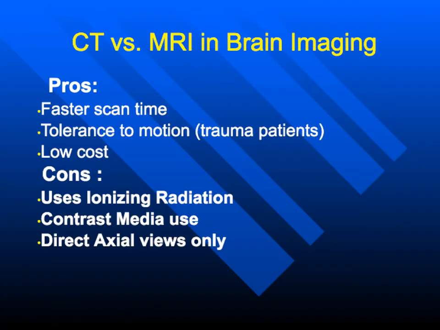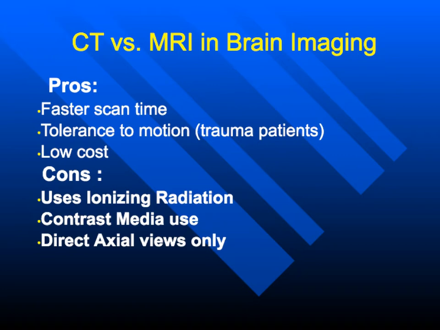All right, so now what's the difference? What are the pros and cons of CT and MRI when we image the brain? Obviously, the pros of CT is the faster scan time, tolerance to motion, therefore you can put trauma patients in there, and it's relatively low cost relative to MRI. But some of the cons about CT is that it uses ionizing radiation.